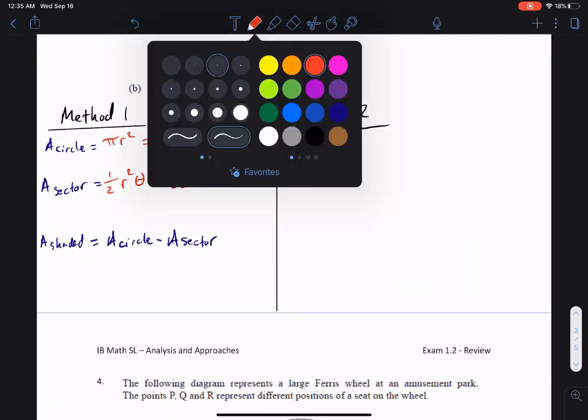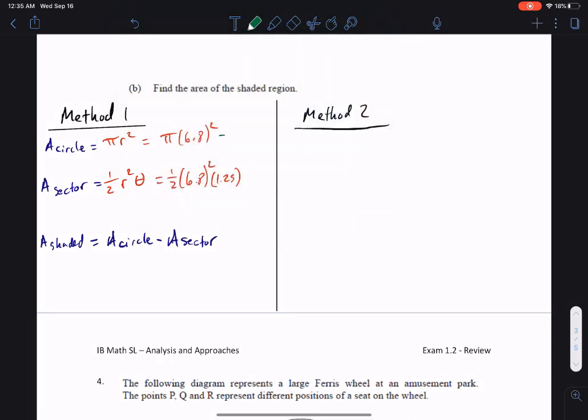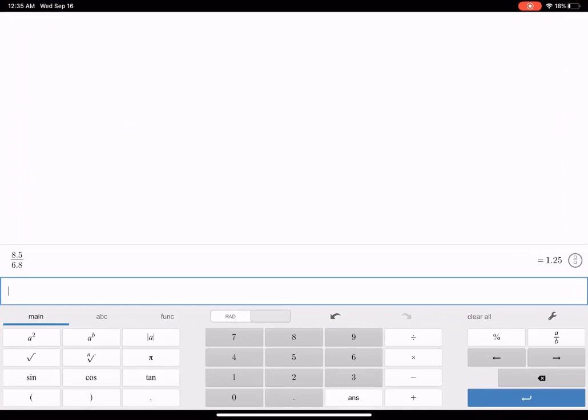So what's this answer? Let's put that in a calculator. This will be pi times 6.8 squared. That'll be 145.27.